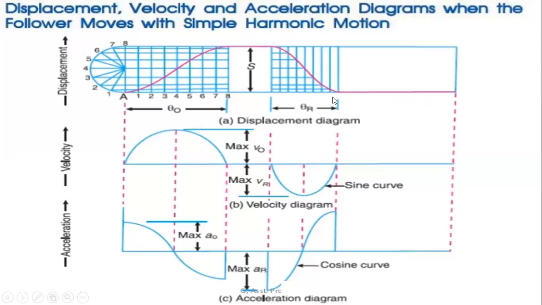So again it will be a dwell period, which is obtained as a straight line. Since it is a dwell period, we take a straight line.